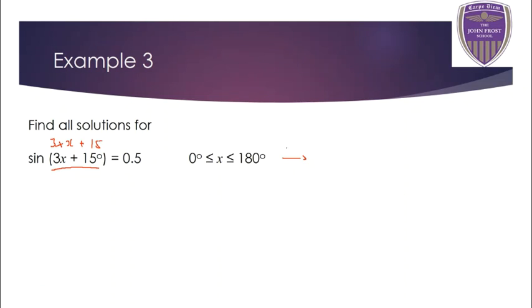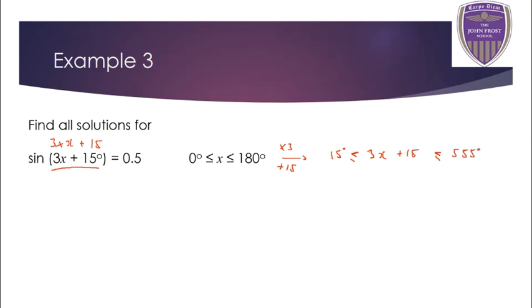So I need to multiply the range by 3 and then add on 15 to get 3x add 15 here. So 0 times 3 add 15 is 15, and 180 times 3 add 15 is 555 degrees.